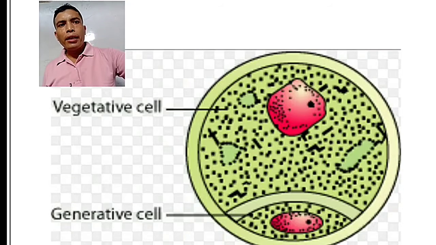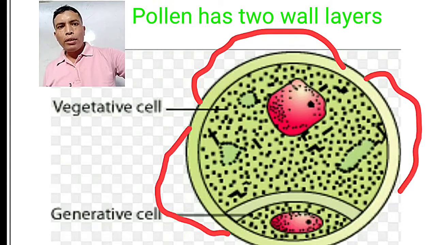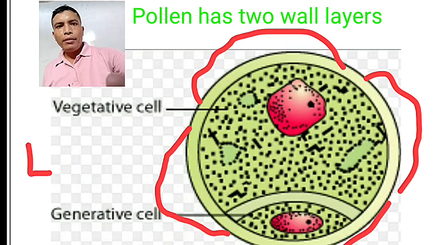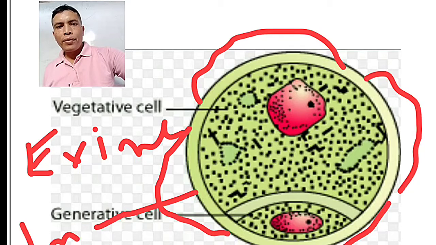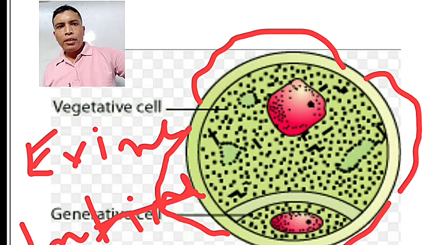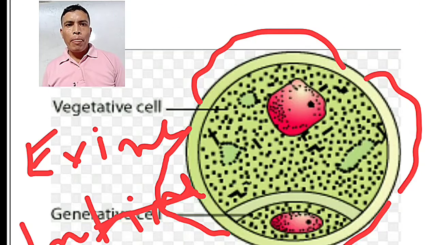A pollen grain has 2 wall layers, outer wall and inner wall. The outer wall is called exine. The inner wall is called intine. Exine is made up of one of the most resistant substances in the world, that is sporopollenin.